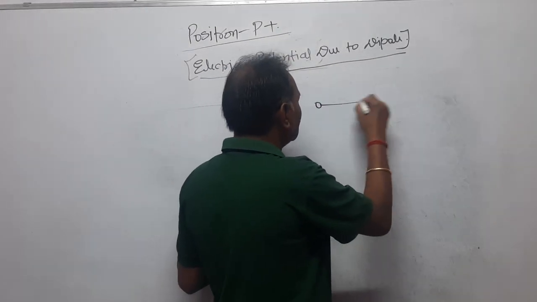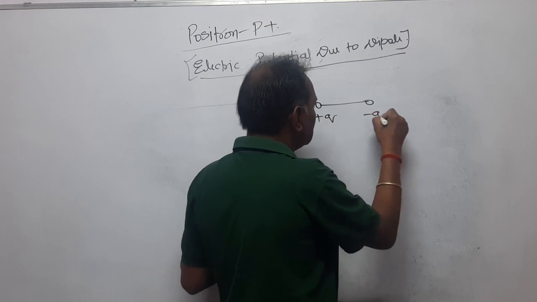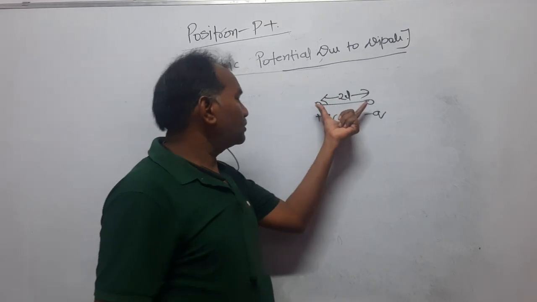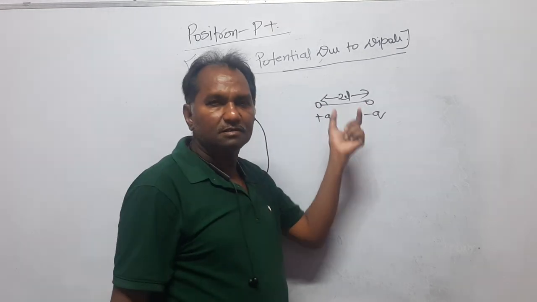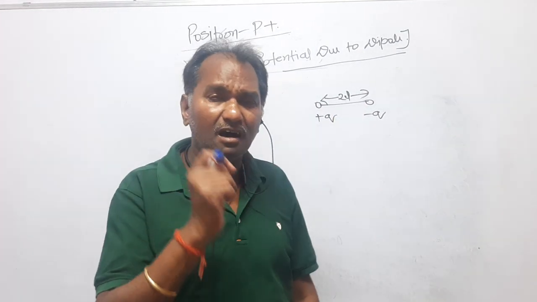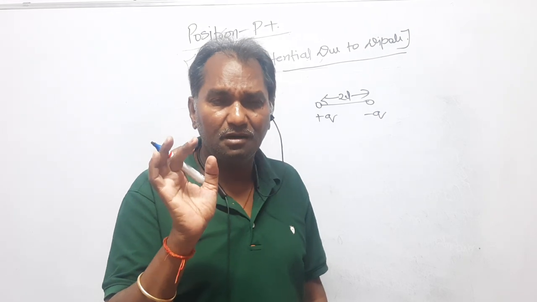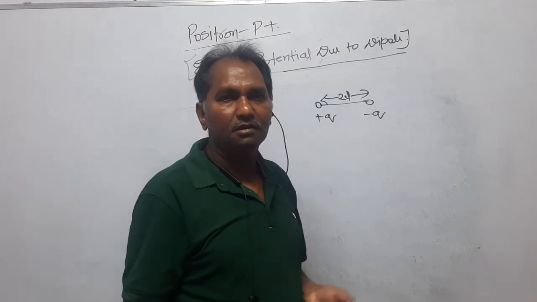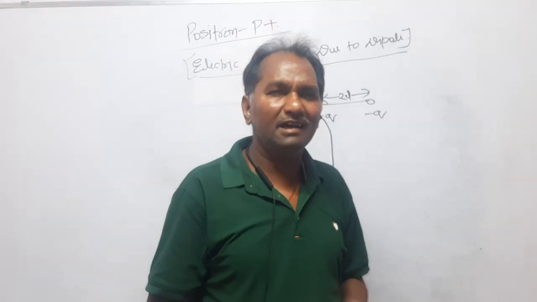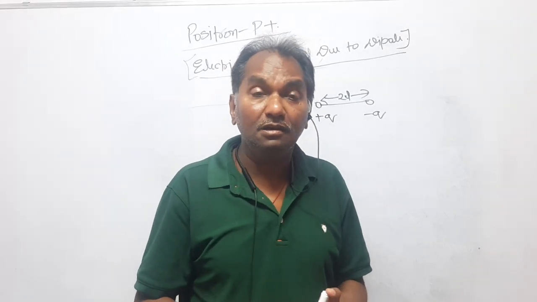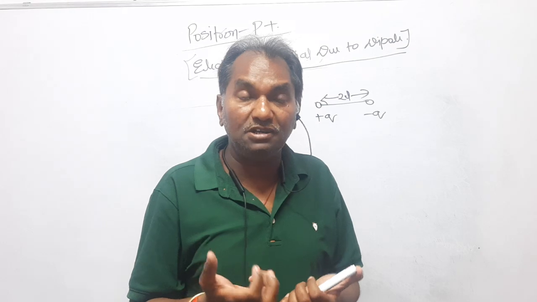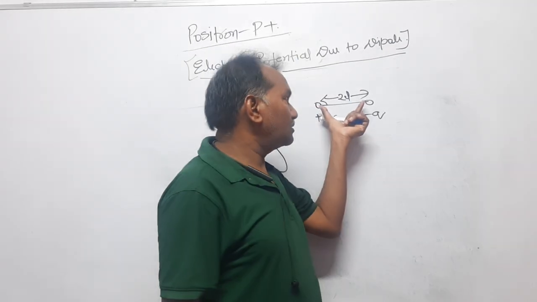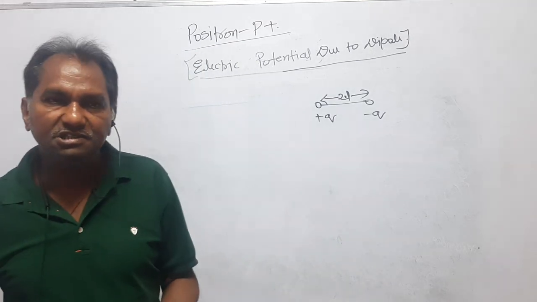Now look here, this is plus Q, this is minus Q, and this is the distance between the two charges. Dear student, what should be the range of this distance? This distance is always in angstrom, right? It is not that you made it so big, it is just a representation. It is not a choice of ours; nothing we can do here. It is always in angstrom. These are the basics, you know.